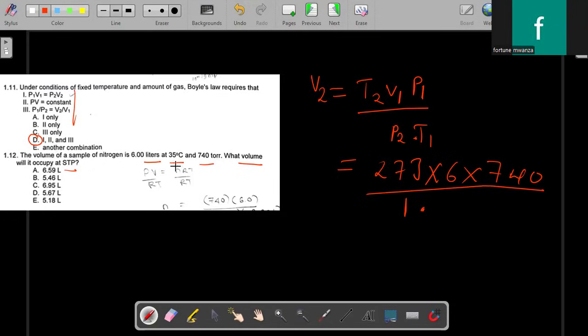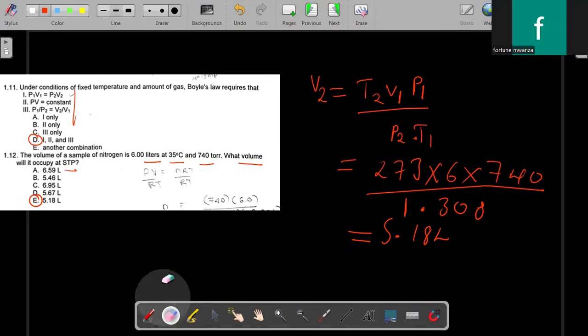We convert it to Kelvin, which will be 308 Kelvin. So I divide, and I'm going to get my final answer to be 5.18 liters. So here the answer is E.